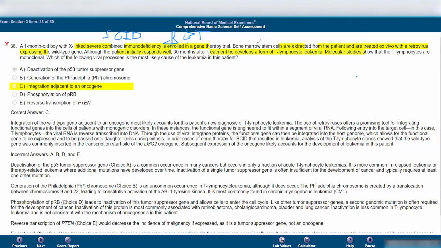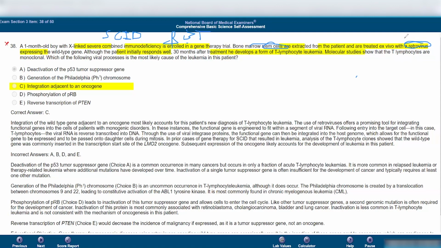Then what they did was they took some of the stem cells from this kiddo and put in a retrovirus to introduce the gene that could correct the SCID. That's the idea of gene therapy, right? But the issue with retroviruses, as you already know from your basic science, is that these are not precise a lot of times.